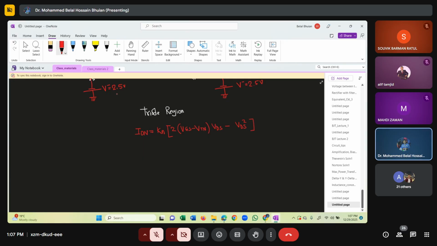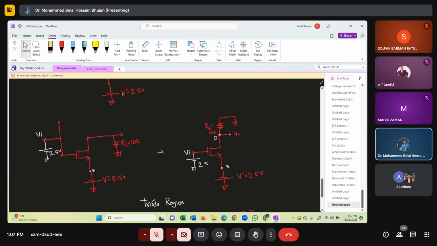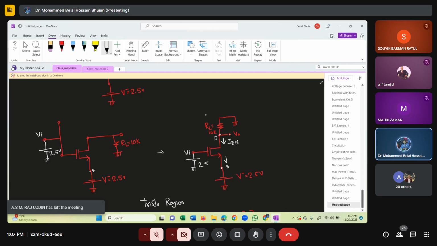Okay, so we already know, we need to find two expressions for ID. Another expression is what? If this is our IDN.